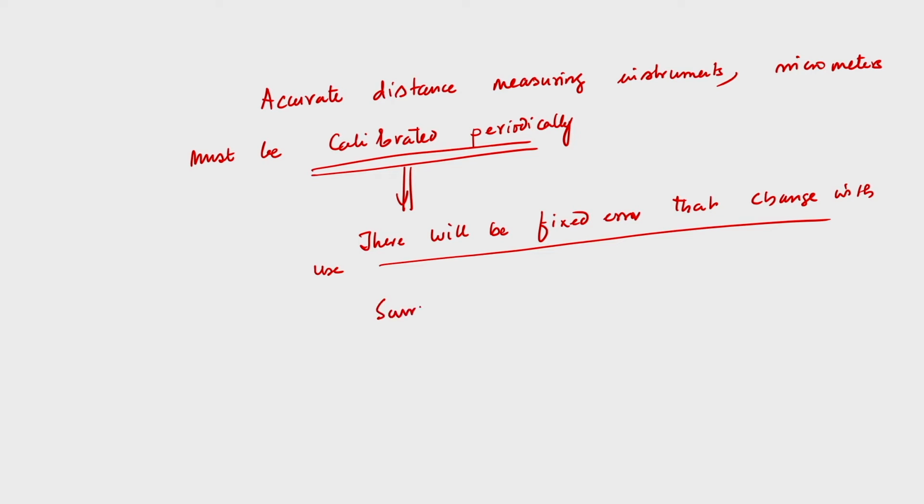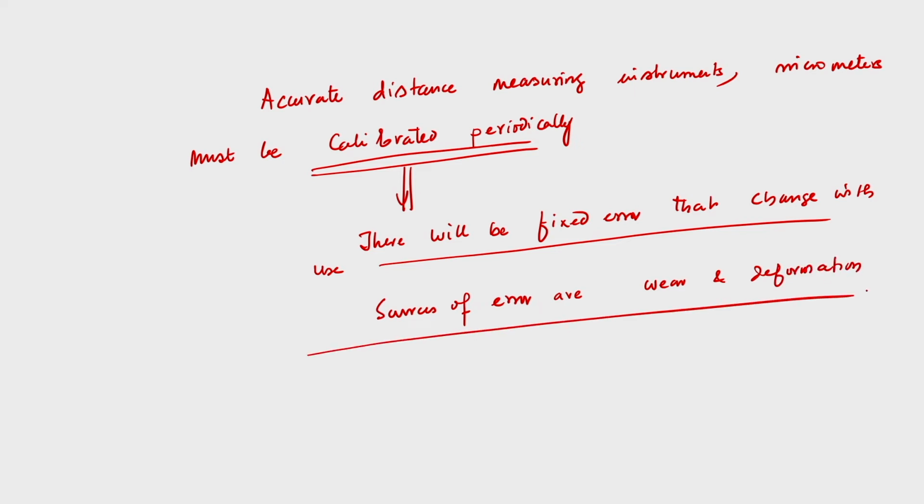The sources of error are mechanical wear and deformation, because we use mechanical instruments. Considering this, we need to calibrate them periodically.